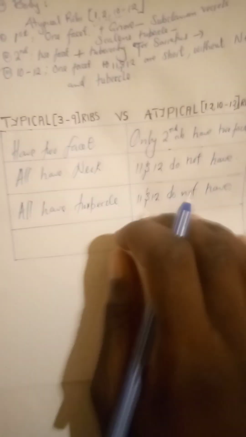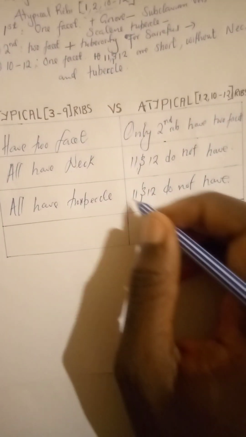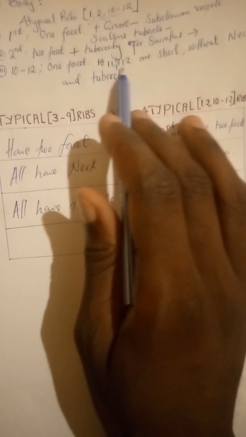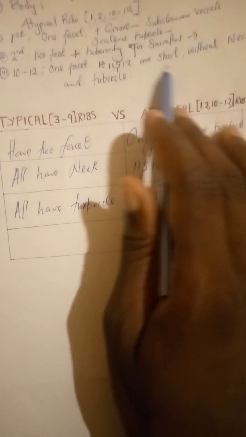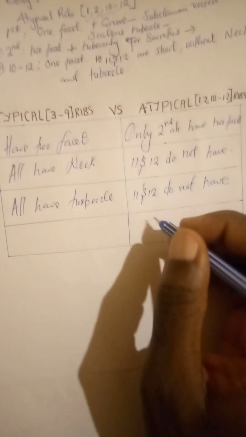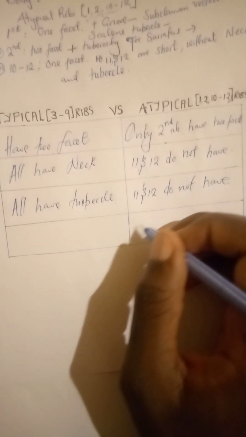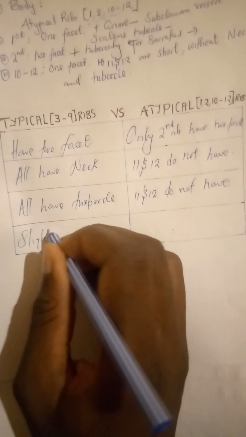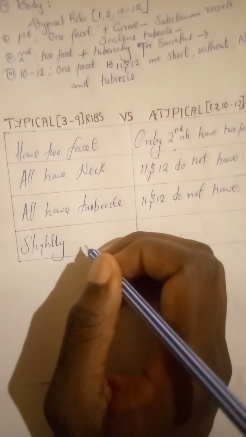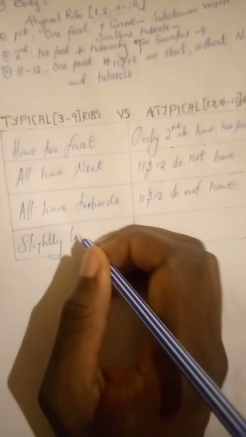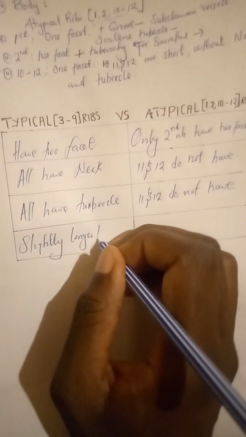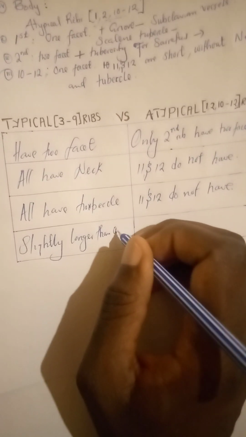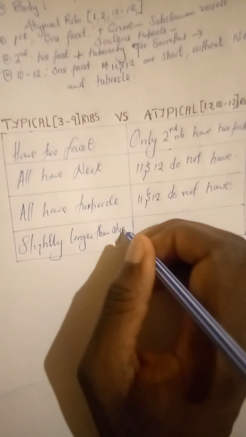Apart from that, you realize that ribs 11 and 12 are short, so we can say the typical ribs are slightly longer than the atypical ribs.